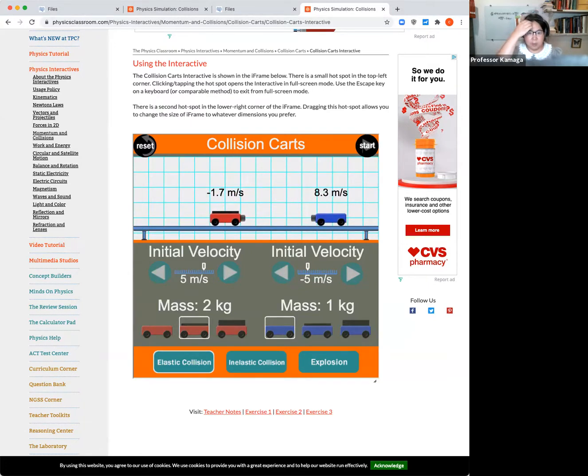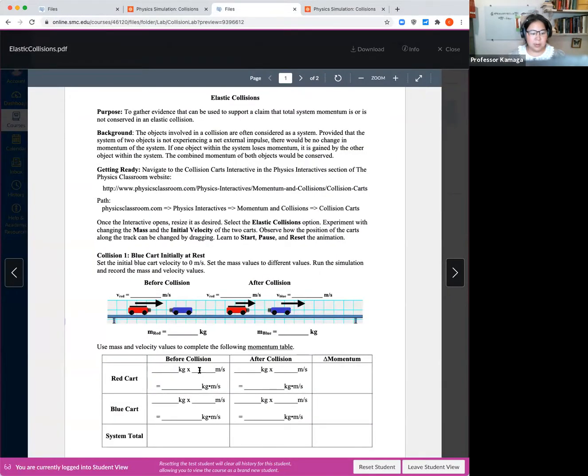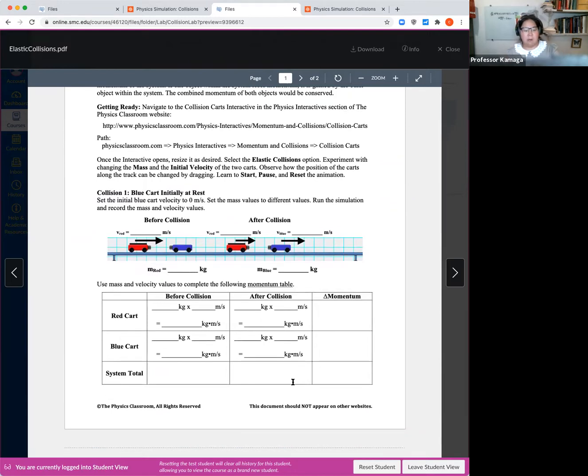So you decide on the value, and the value you decided to use, make sure you record it: how much mass the red card is, what the initial velocity is before collision, the mass of the red card after collision, and the velocity of the red card after collision.